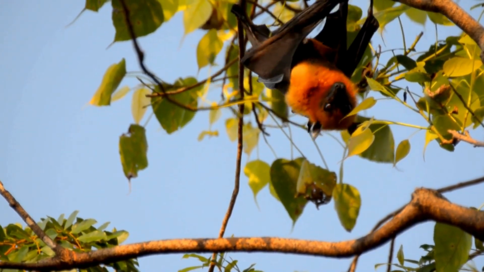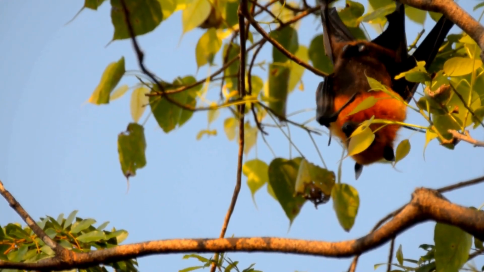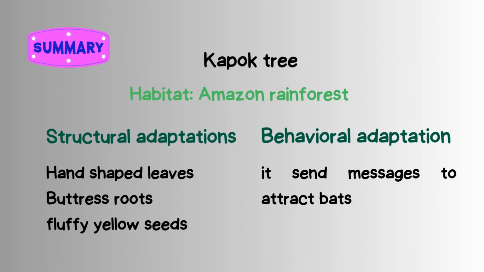With this information, we finished talking about the Kapok tree. As we know, the Kapok tree habitat is the Amazon rainforest, and the tree has structural adaptations like hand-shaped leaves with narrow parts, and it has buttress roots which grow on the ground and hold the trunk of the tree.